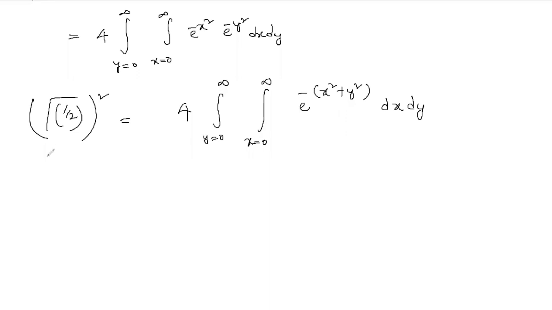Now the region of integration is in the first quadrant, so let us change to polar coordinates by putting x as r cos theta and y as r sin theta.